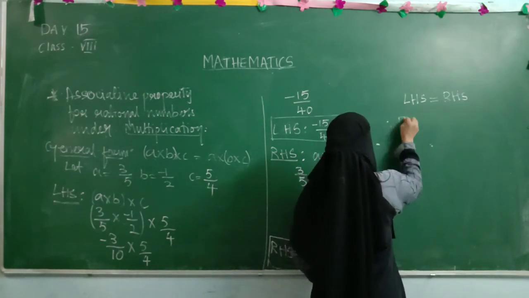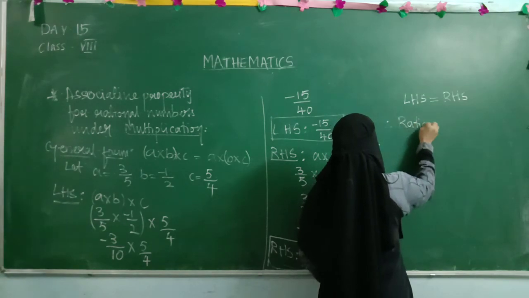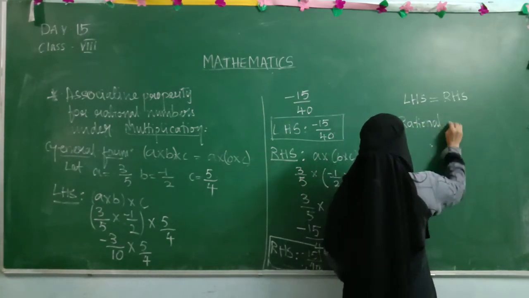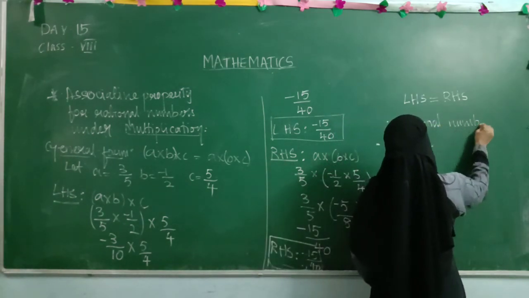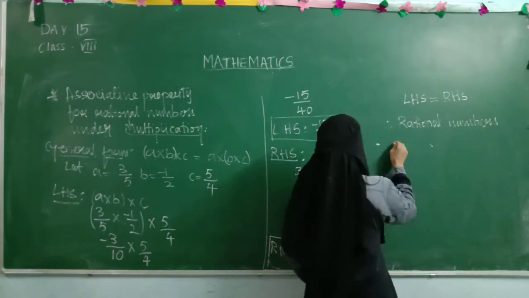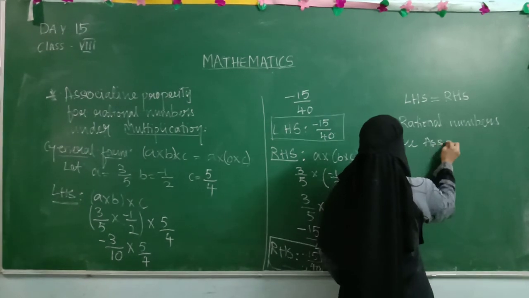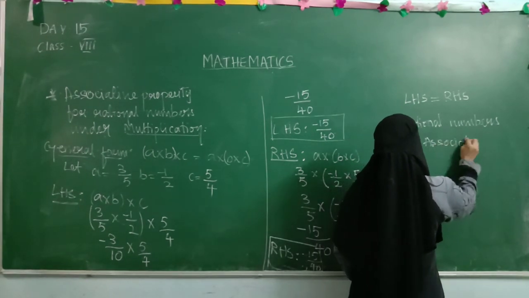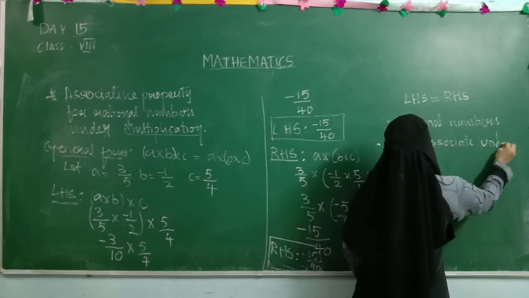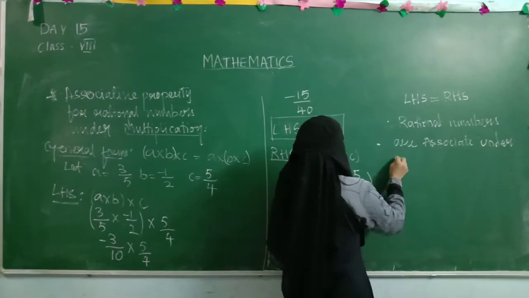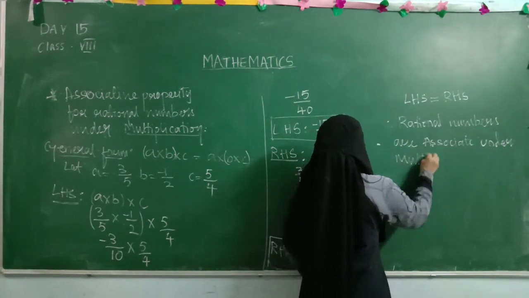Therefore, rational numbers are associative. They are associative under which operation? Very good, they are associative under multiplication.